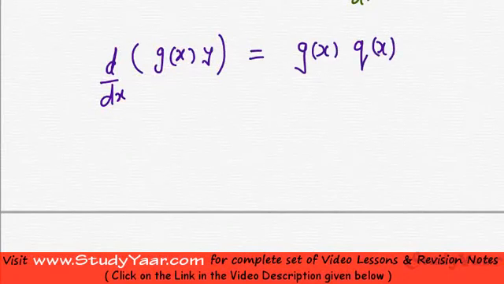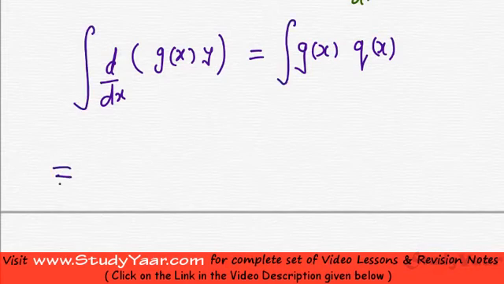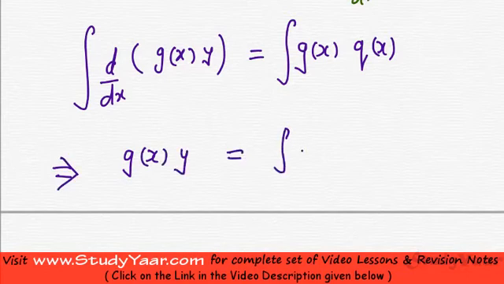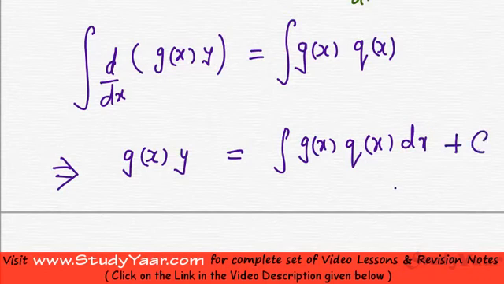Let us integrate both sides. What we are going to get is g(x) into y is equal to integral g(x) Q(x) dx plus a constant.